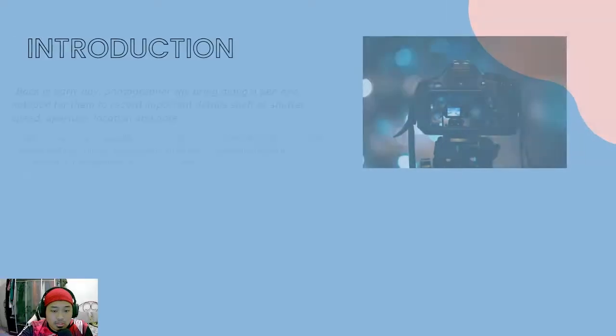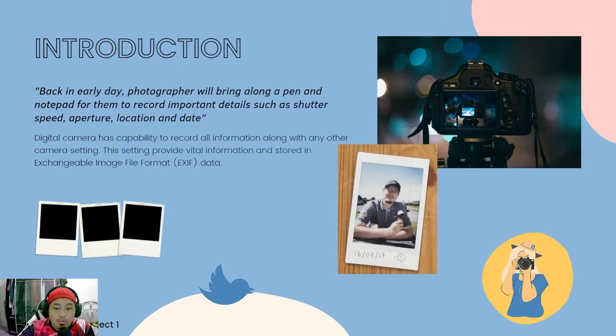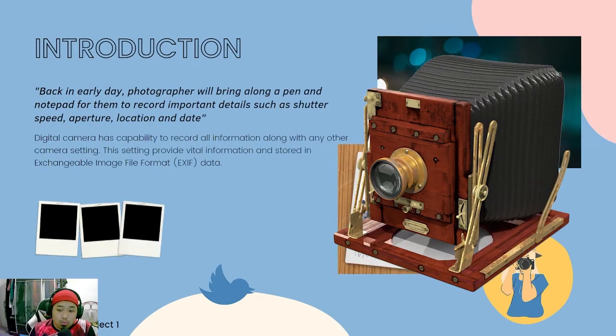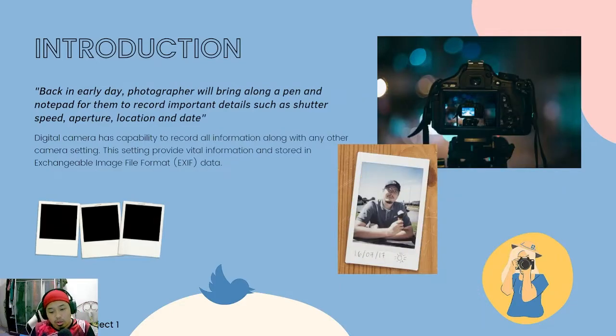Okay, let's go for the introduction first. As we know, before the digital camera was created, photographers used an old camera. When you snapped a picture, it would give an output of film.